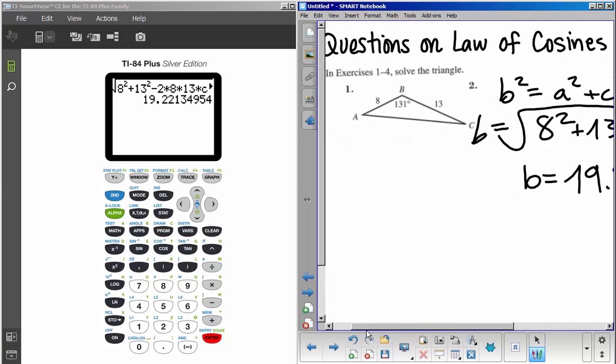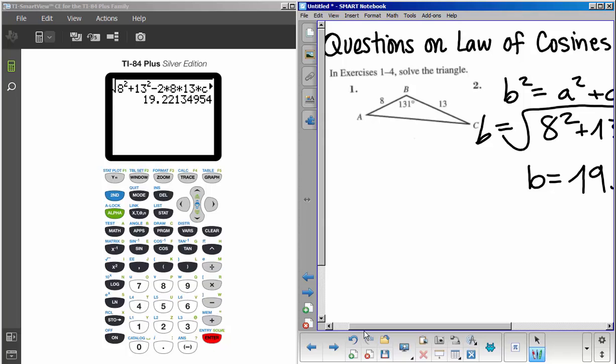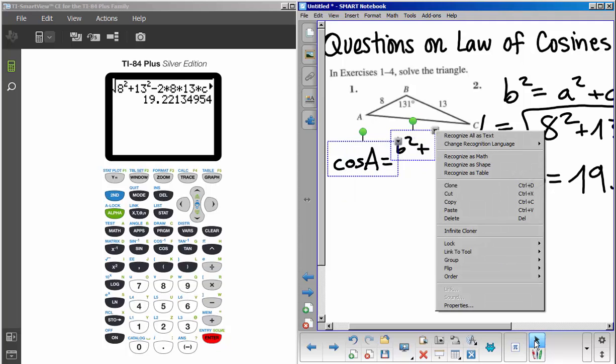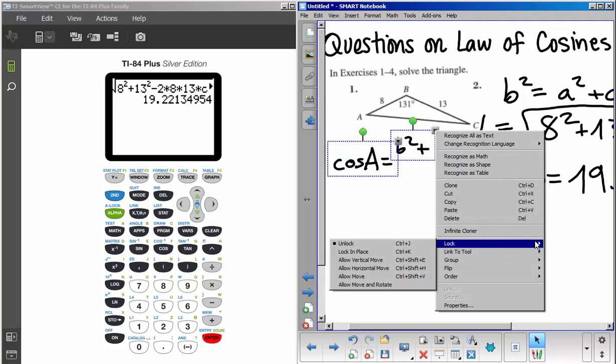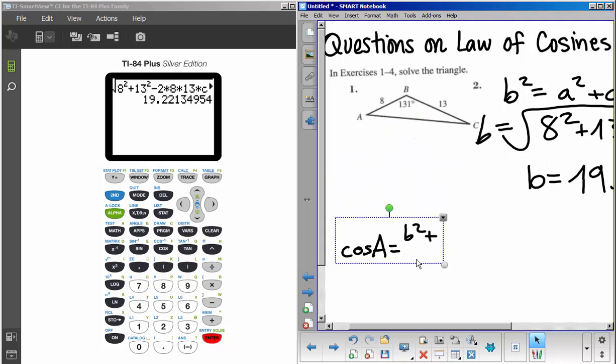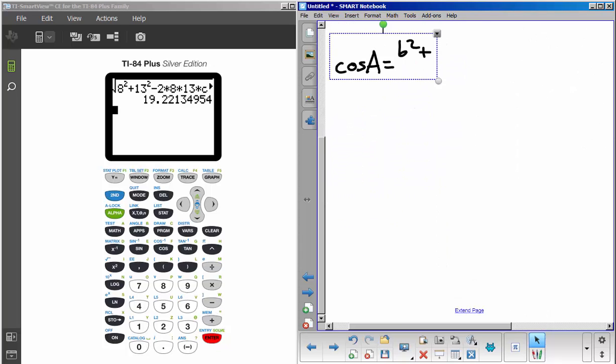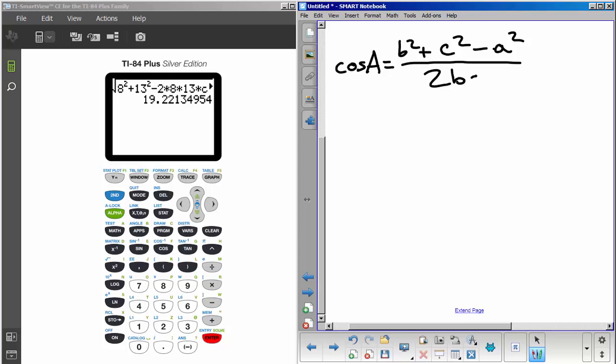Okay, so now we want to solve for the angles A and C. So let's start off with cosine of A would equal b squared plus c squared minus a squared all over 2bc.